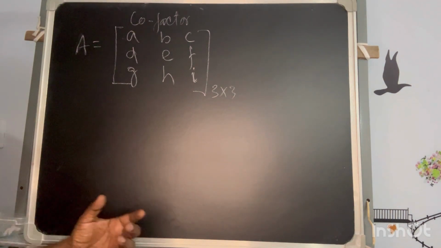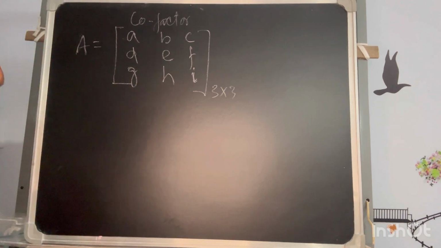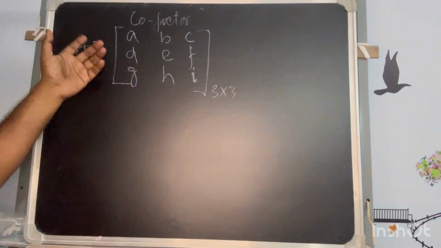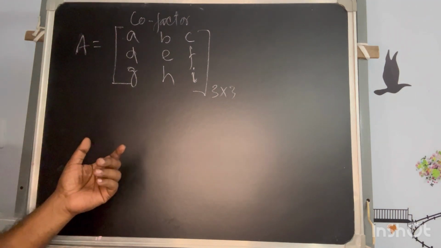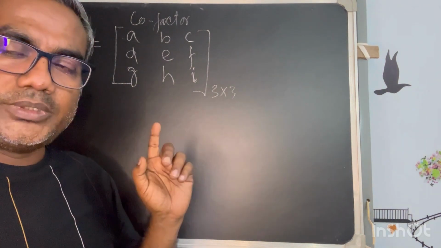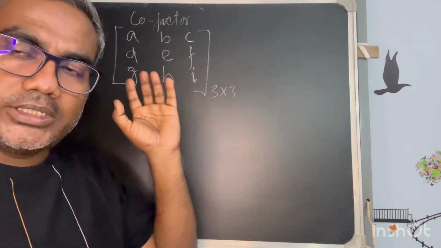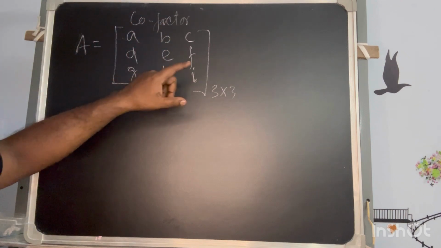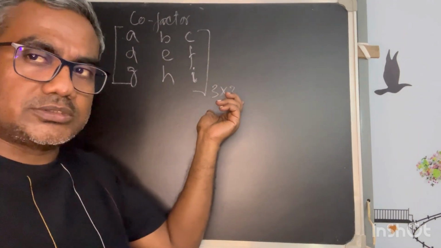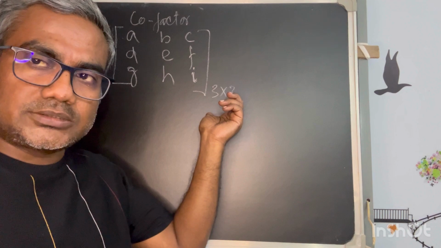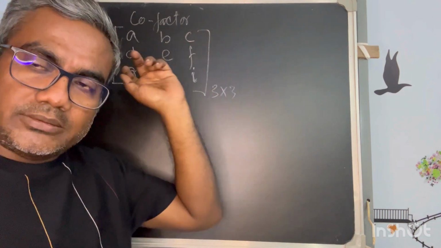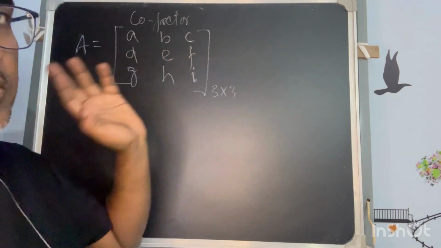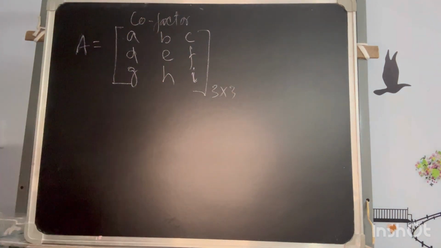We can explain the cofactor by this, and this can be extended to any order. But when we discuss cofactor, the example we have taken is a 3 cross 3, that means a square matrix. So cofactor and minor are applicable where your matrix is a specific kind, that is, a square matrix. Okay, that we can understand by the example.